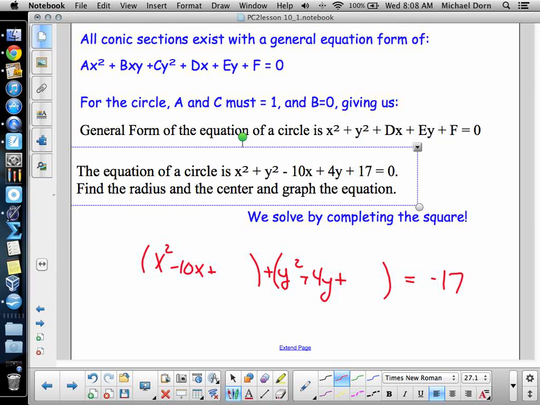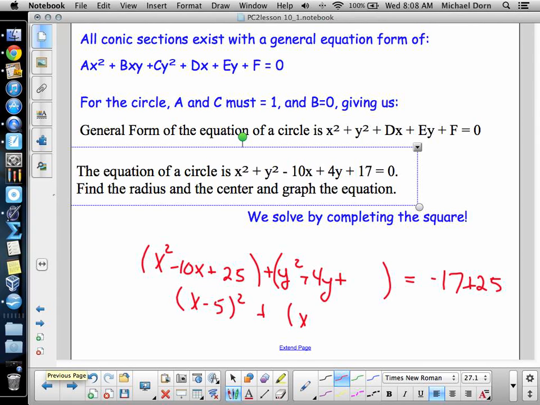Now we ask ourselves, what's half of negative 10? Half of negative 10 is negative 5. So that's going to be x minus 5 squared. And negative 5 squared is 25. So we're going to add 25 to both sides. What's half of 4? 2.